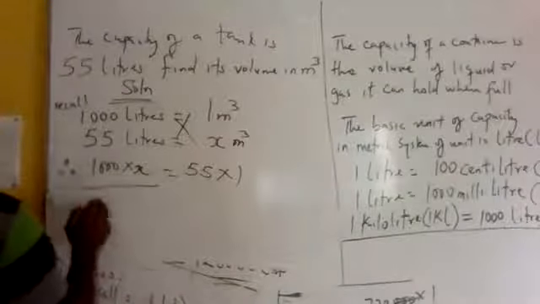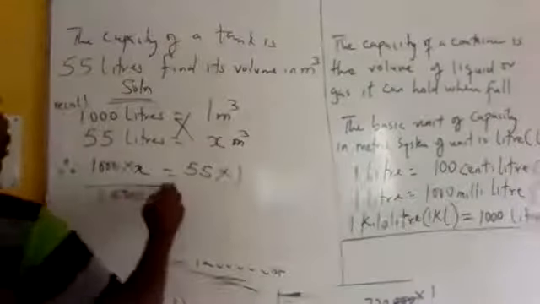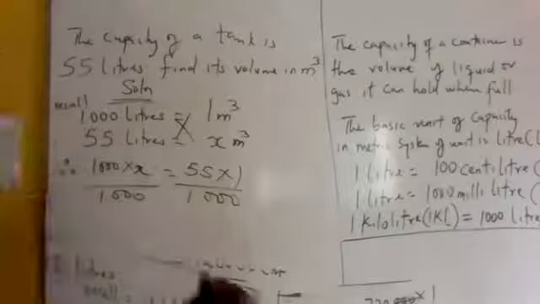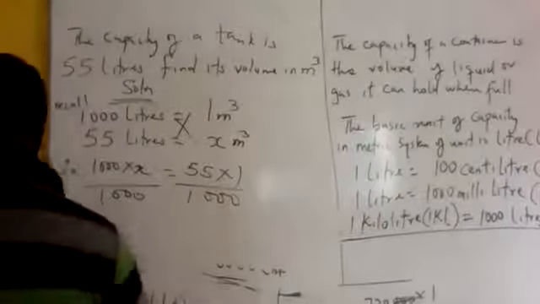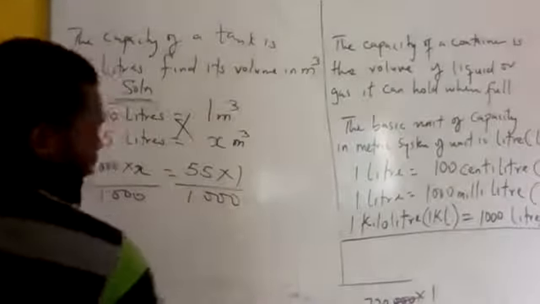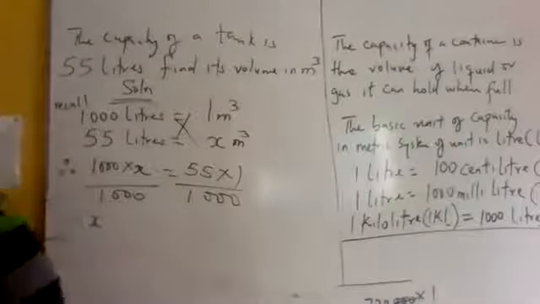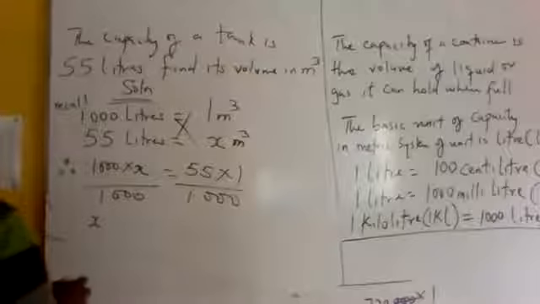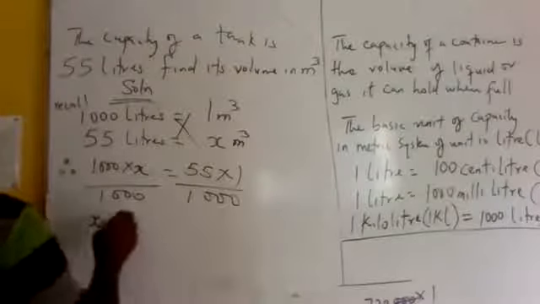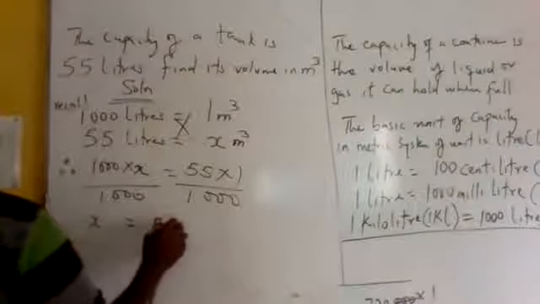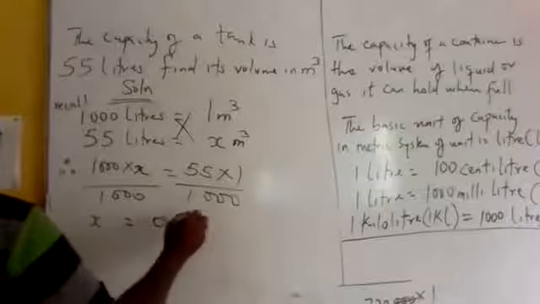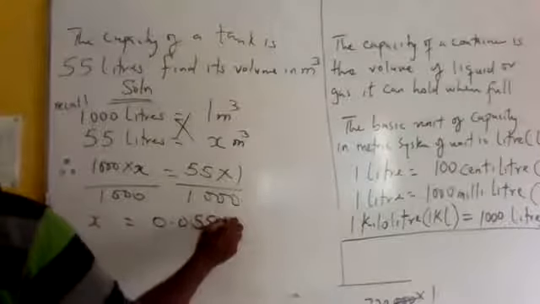So you divide both sides by 1,000. So of course, obviously, our answer is going to be 0.055. So that means X will be equal to 0.055 meter cube.